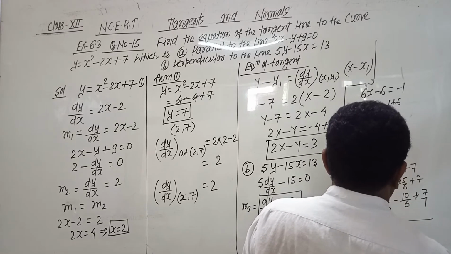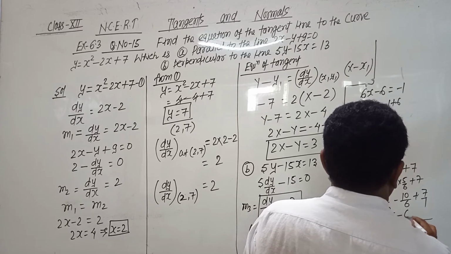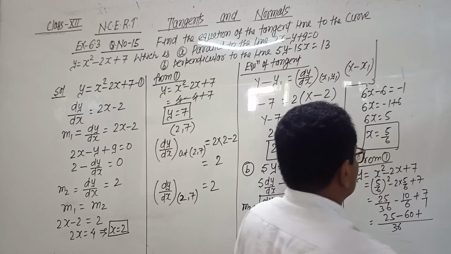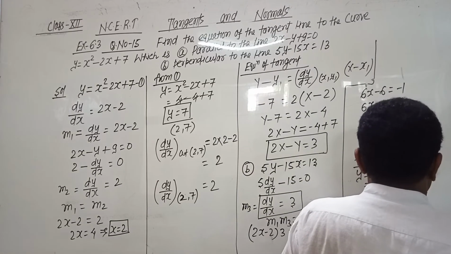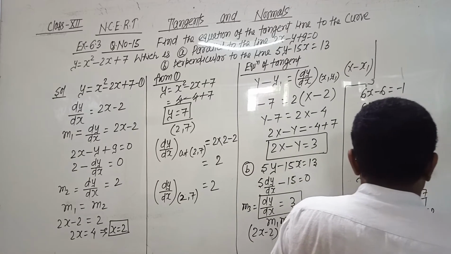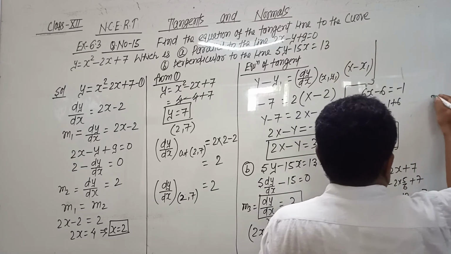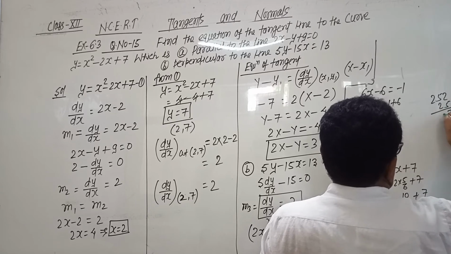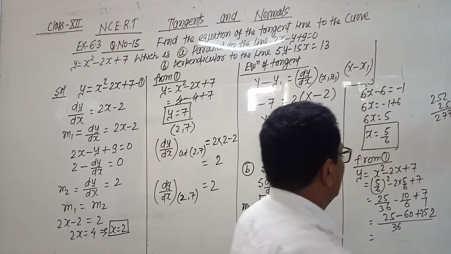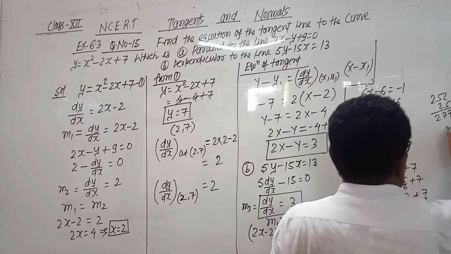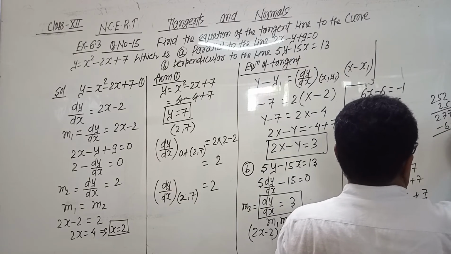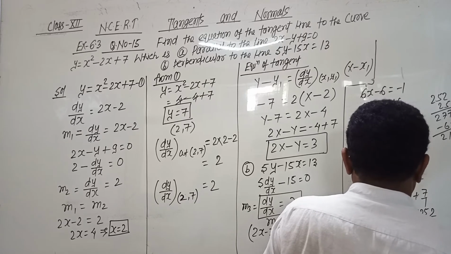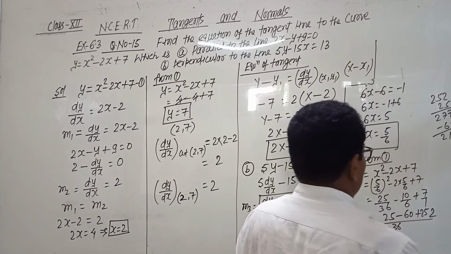LCM 36: 25 minus 60 plus 36 into 7, 252. 252 plus 25 is 277, and minus 60, we get 270. So 270 upon 36, this is the value of y.